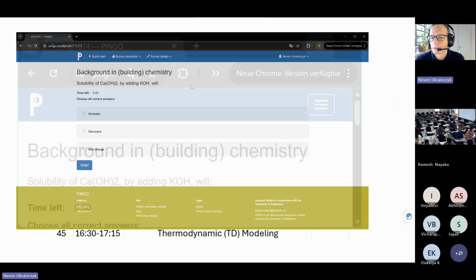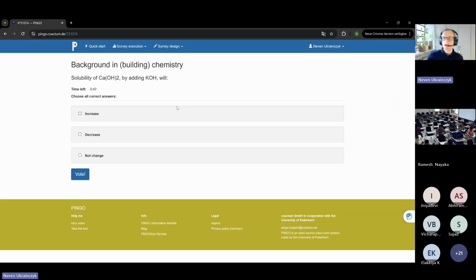This is the question: solubility of portlandite if you add calcium hydroxide. This is what you also have in Portland cement. You always have alkalis, which is why the pH is high. So will the solubility increase, decrease, or not change?